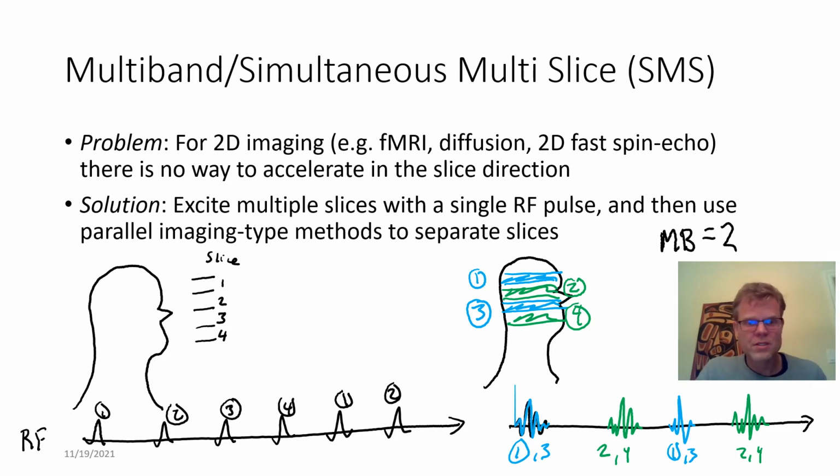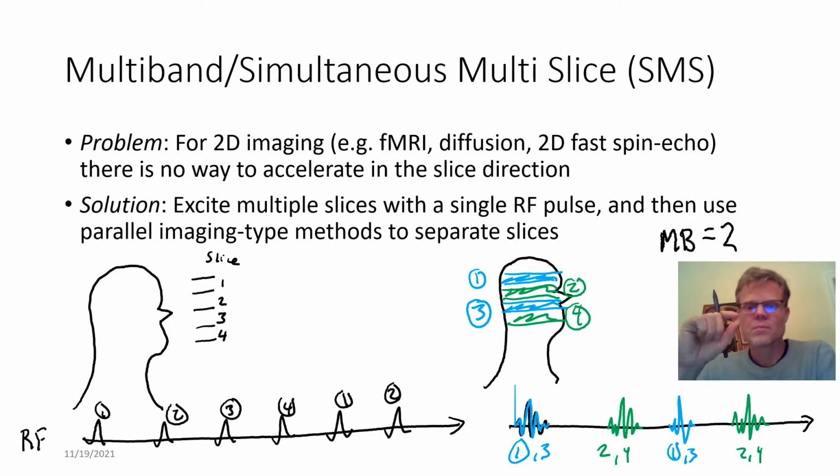And with the previous techniques we talked about, there are ways to accelerate in the imaging direction, so in the two-dimensional plane we're looking at, but across our slices, none of these previous techniques work. But the solution that this method successfully uses is, instead of acquiring just one slice at a time, we're going to accelerate in the slice dimension through the use of a multiband RF pulse.